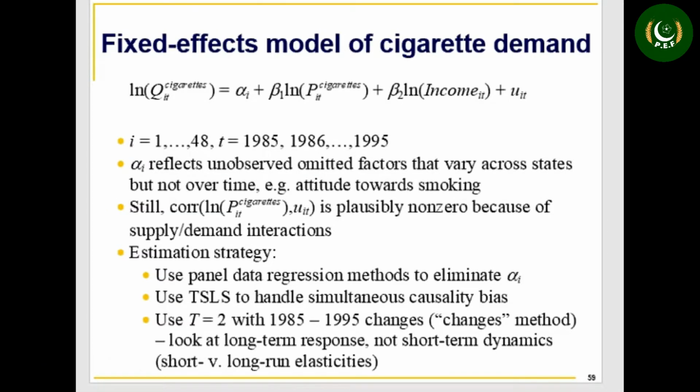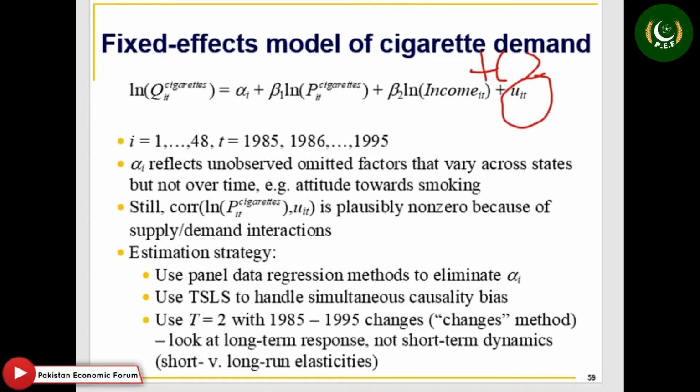Here again we are using the strategy of panel data. We have basically 10 years time period data. There can be many other variables which are unobserved and not included in the model, or maybe we don't have data on them. So what to do? They may also be influencing cigarette demand.